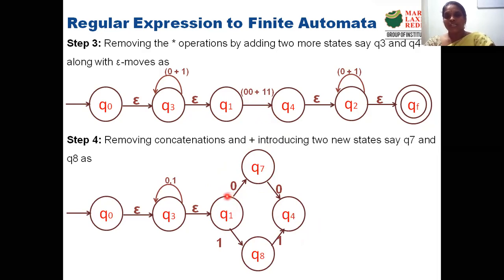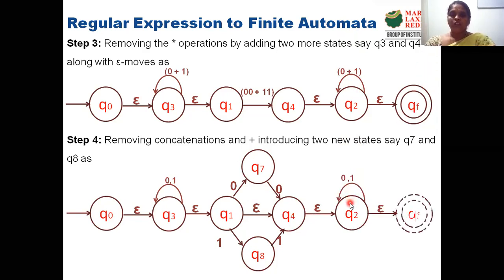So this is nothing but the union of 00 plus 11, that is concatenation of 0 0, concatenation of 1 1, where both of them are combined with a union operation. And then next on Q4 we have to remove this epsilon edge, and on Q4 we'll be moving to this Q2, and again in Q2 we remove this 0 plus 1, like 0 comma 1, and again on epsilon we'll be moving to the final state.